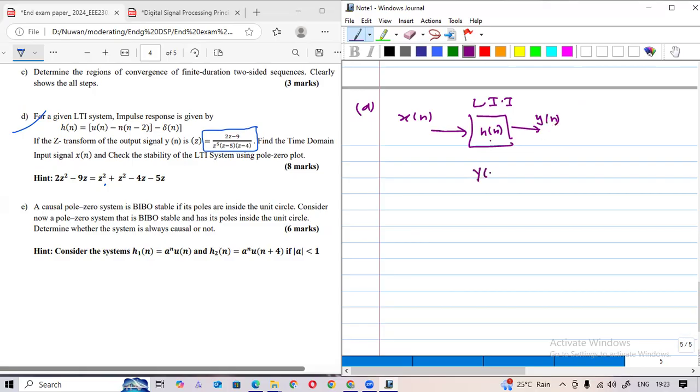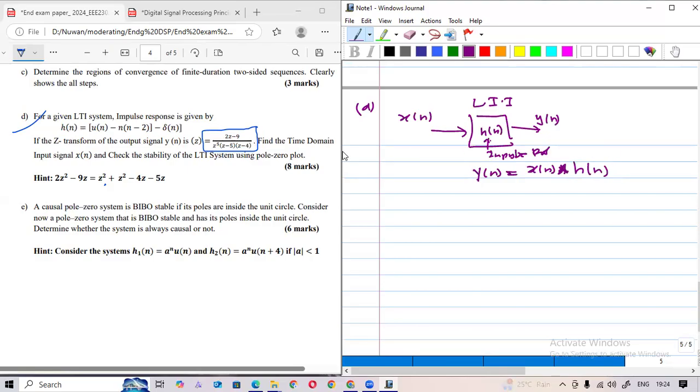So y[n] can be written as x[n] convolved with h[n]. h[n] is the impulse response, so the convolution is there.